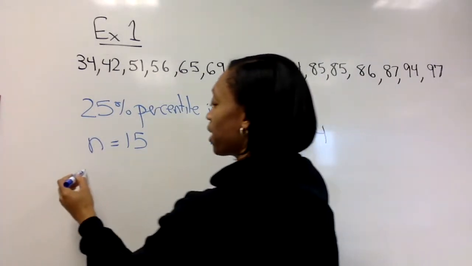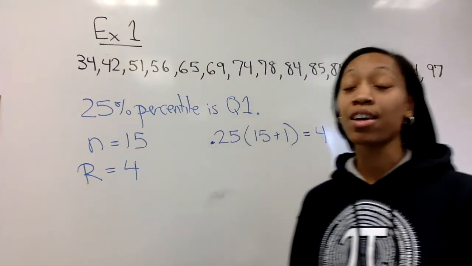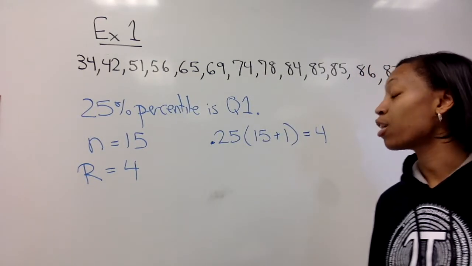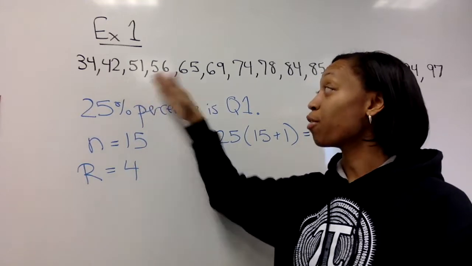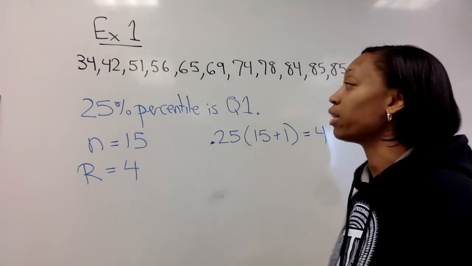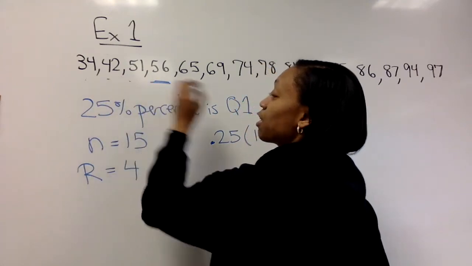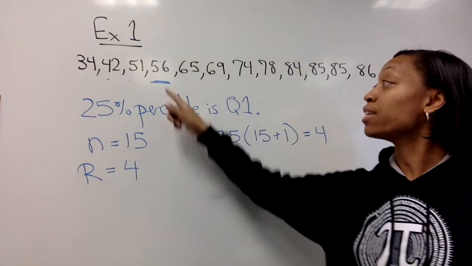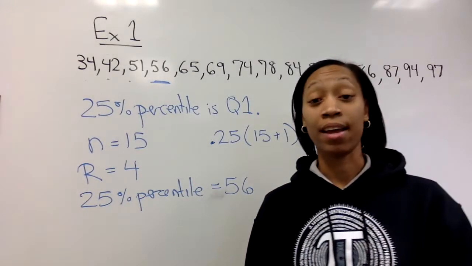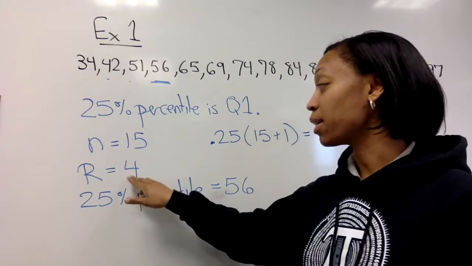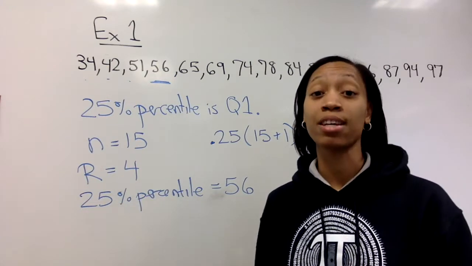So my rank here is 4. In order to find the 25th percentile, I just need to count to the fourth rank on the list. So 1, 2, 3, 4. Looks like the 25th percentile is 56. Okay, that one was nice and simple because the rank ended up being a whole number. But what if it's a decimal?